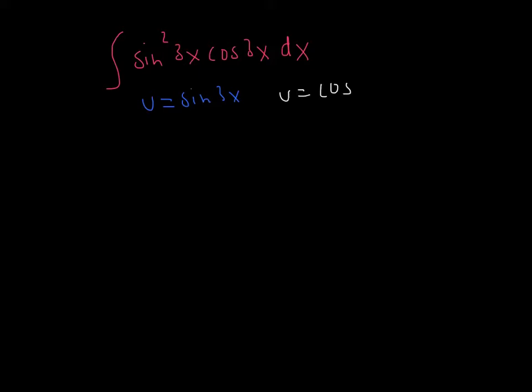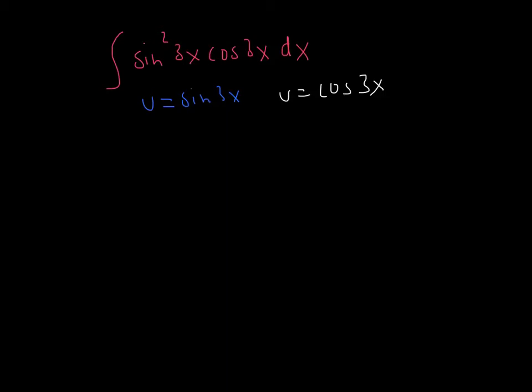All right, the next example, we have the integral of sine squared 3x cosine of 3x dx. Now, once again, we've got a couple choices. The question is, should I let u equal sine of 3x, or should I let u equal cosine of 3x?